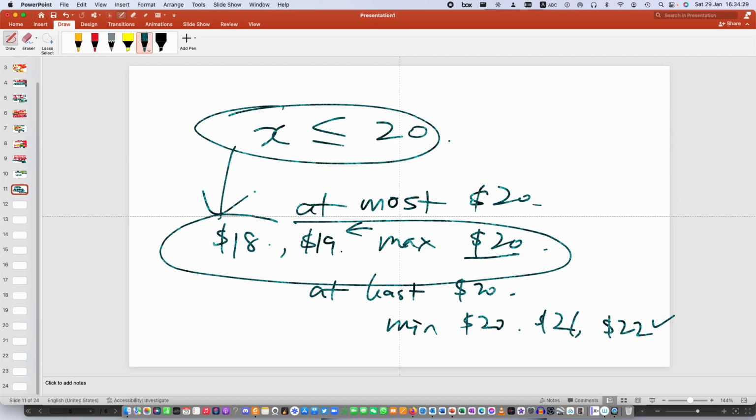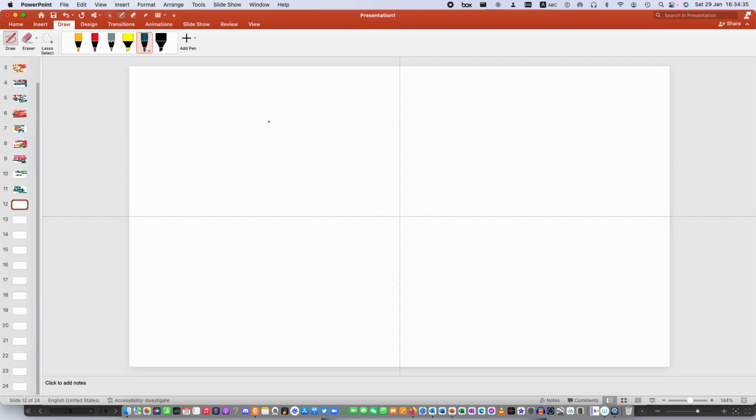How do you decide which? So now they say 3x plus 4x plus 5x. They say it's at least, right? For the triangle, at least 132.